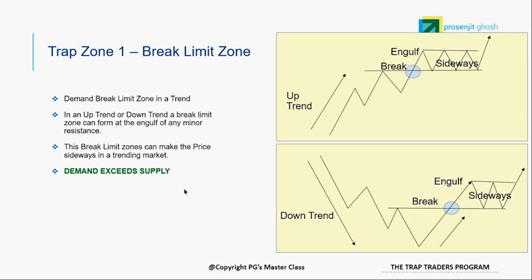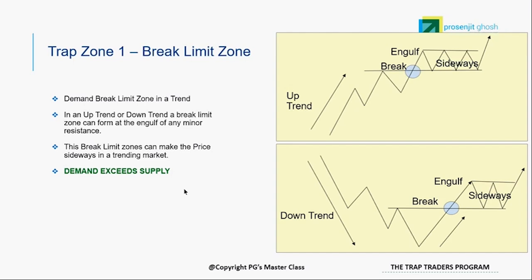Friends, any challenge with these two? Are you able to understand what's happening there? These two are different structures. These two are trends. And in trend, understand what I am showing you here. In downtrend also, in uptrend also, I am showing you a break limit demand zone and not supply. In an uptrend, obviously, I will expect a break limit demand.